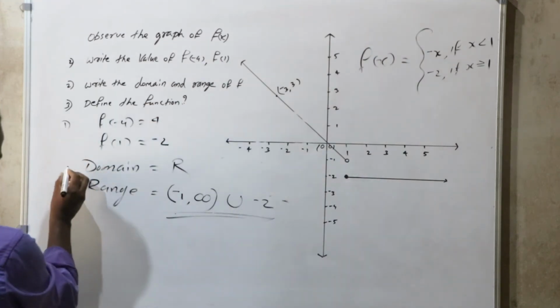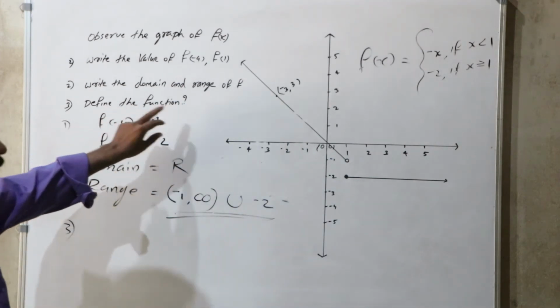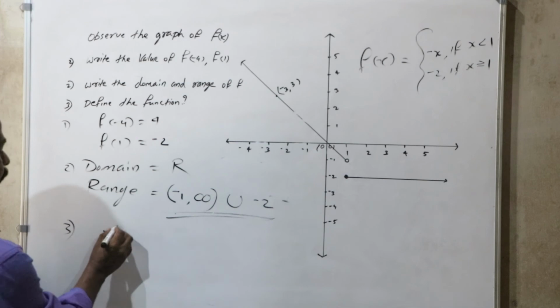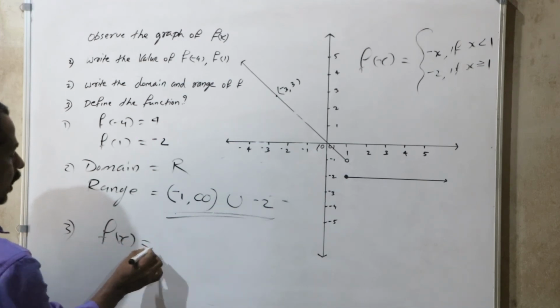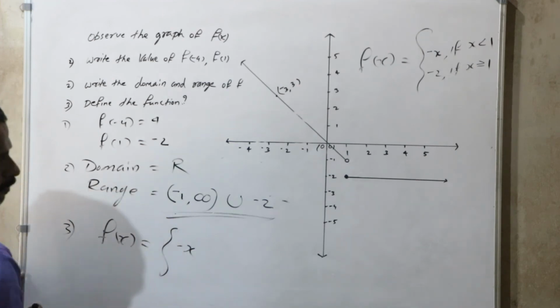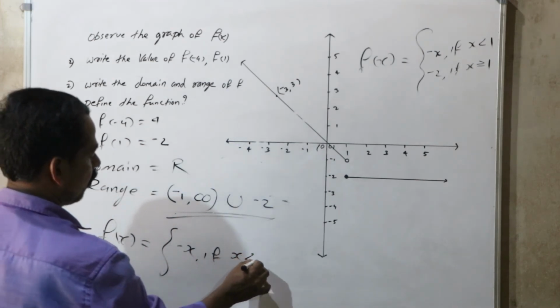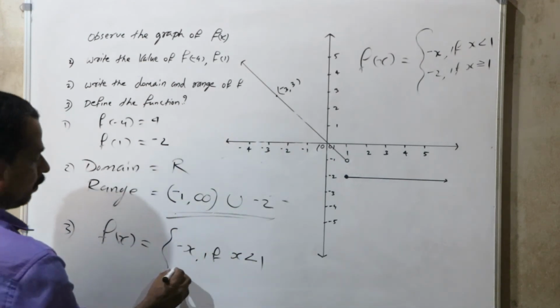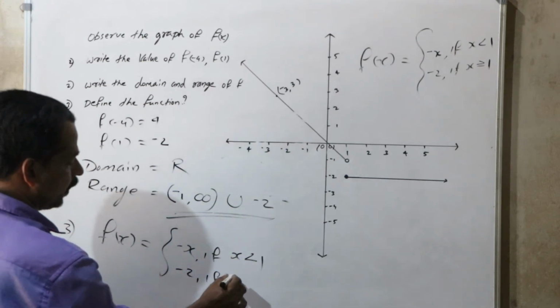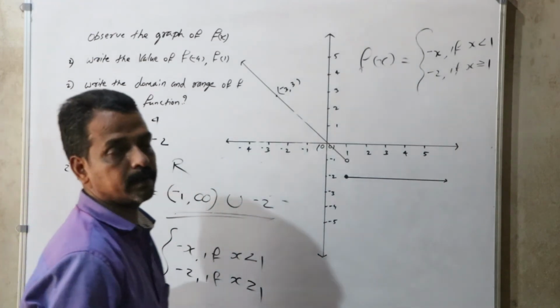First, second, 3. What is the third question? Define the function. f of x is equal to minus x if x is lower than 1, minus 2 if x is greater than or equal to 1.